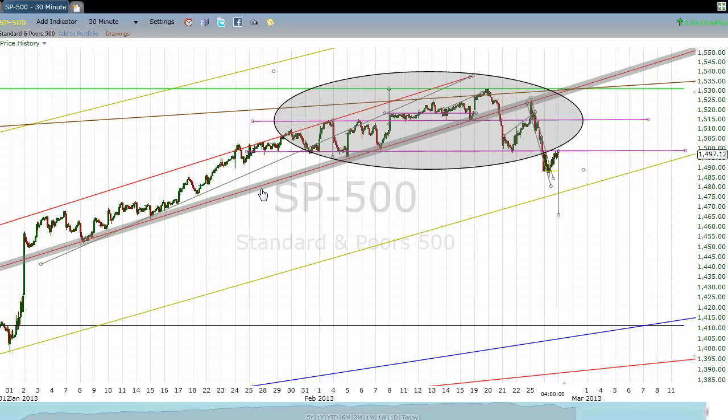We have an area back down here, and again, I'm not a big believer in any form of necessity of gaps that they have to close. I don't believe that. But I do believe they often do close. And the reason is because a gap creates selling pressure. Just the fact that there's a gap up means now there's people saying, hey, I got profits. And just people having profits is automatically a form of selling pressure at some point down the road.